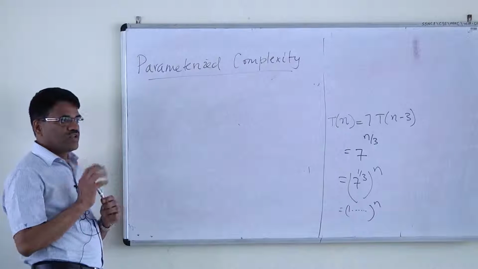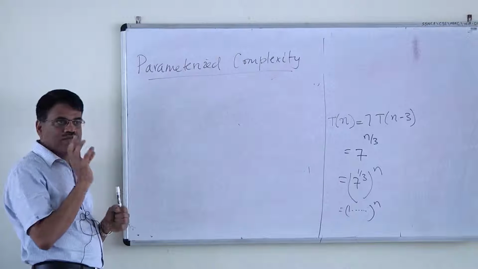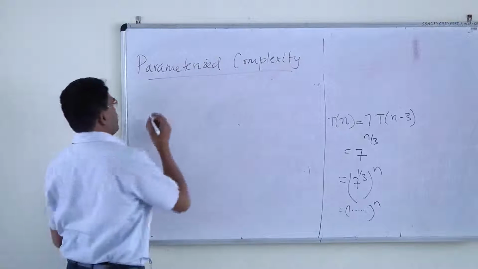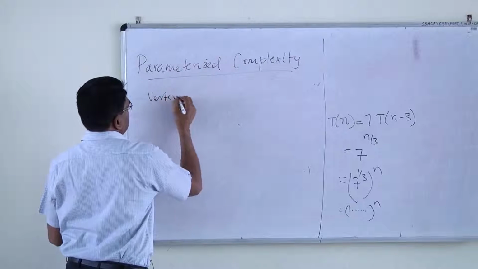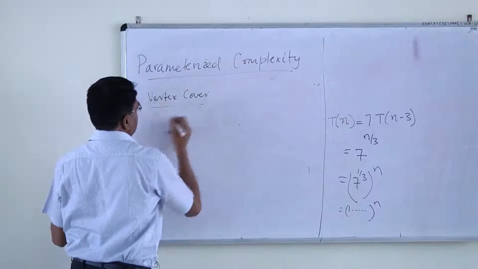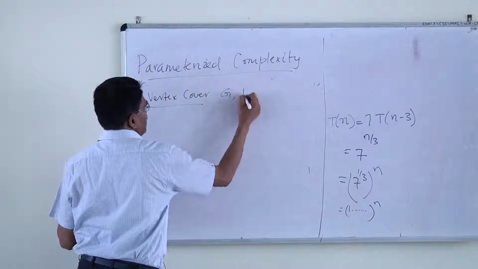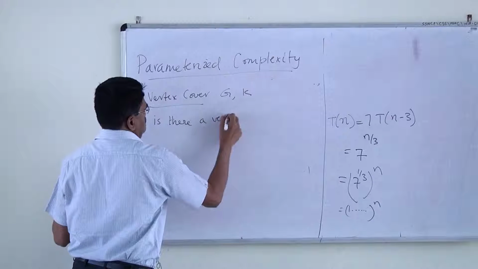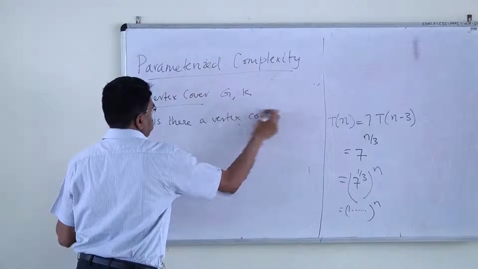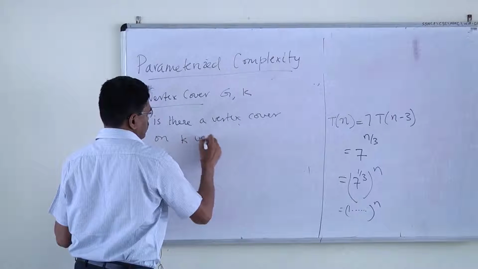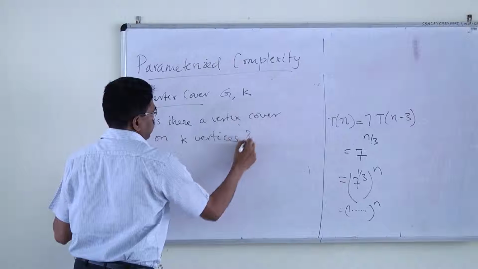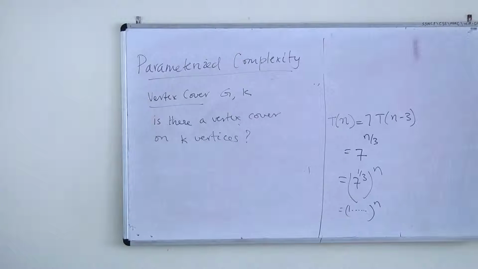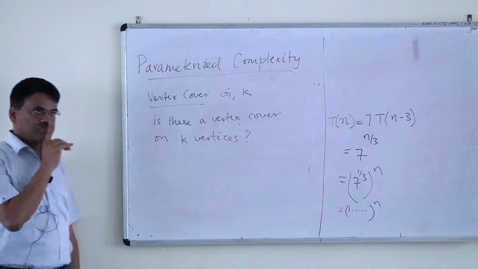Now we are not necessarily looking at the optimization question, but let's get to the vertex cover problem. You're given G and K. The question we are interested in is, are there K vertices that cover all edges?